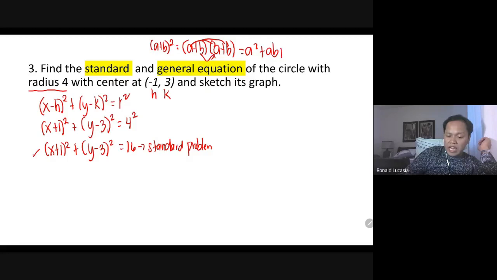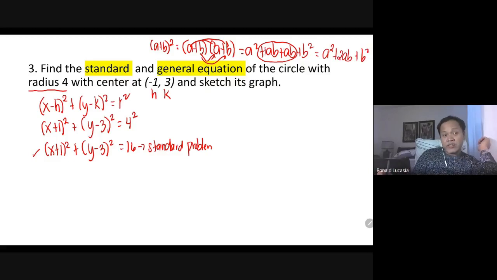B times a, that's ab. B times b, that's positive b squared. Tapos kung mapapansin mo, this one is similar term. You can combine that. So a squared plus 2ab plus b squared, because it's understood there's one there, which is the numerical coefficient.